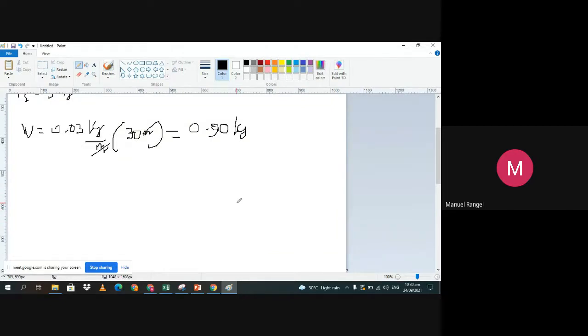Then for the Pn, at a standard pull of 5 kilograms, determine the tension at which the effect of sag is eliminated. So Pn ang required.